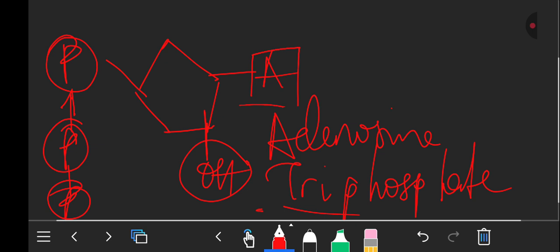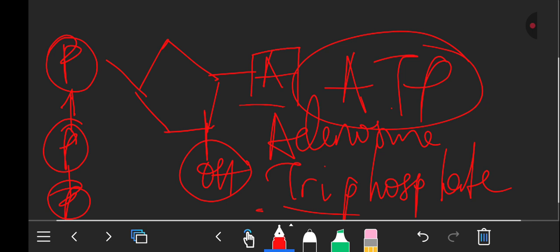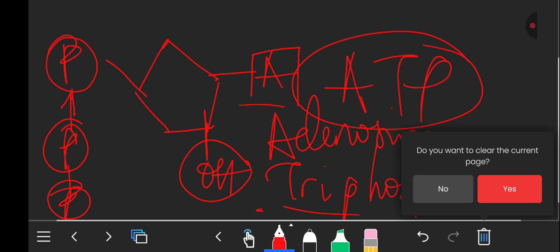It's very important for us to appreciate this concept. This one, which we are calling adenosine triphosphate, is the one we call ATP, the common form in which energy is stored. Energy is stored mostly in the form of ATP. It's made up of 3 phosphates, the adenine group, and also a ribose sugar.